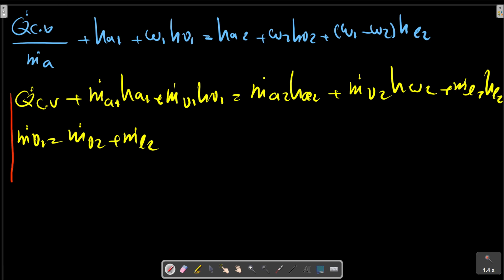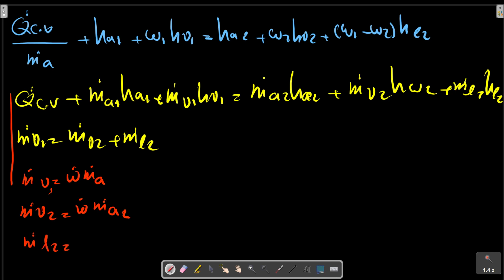We know that m dot V1 equals omega 1 m dot A, and also m dot V2 equals omega 2 m dot A2.